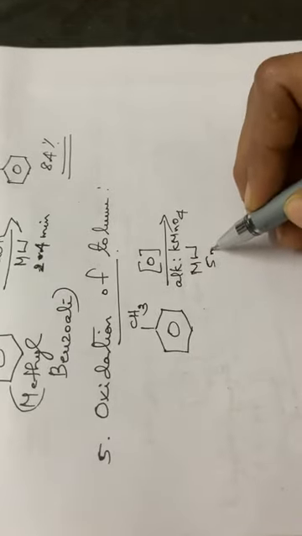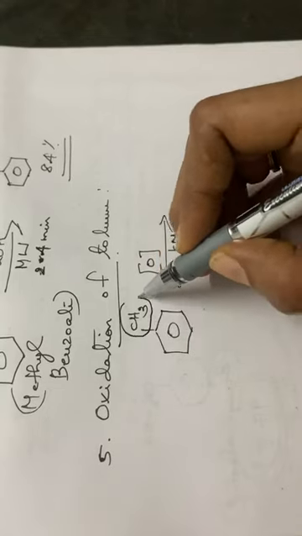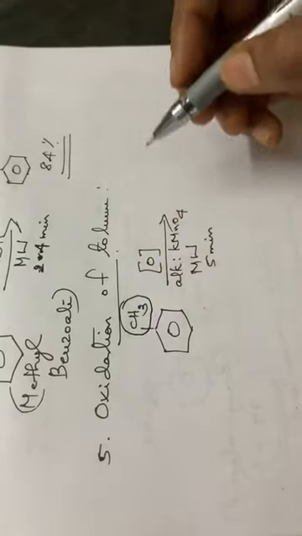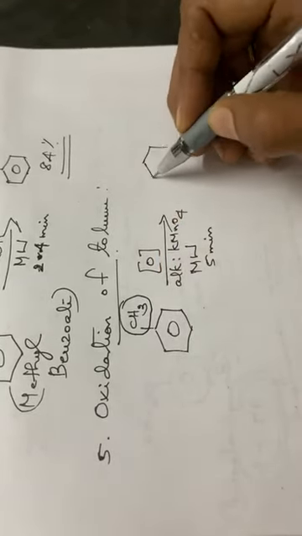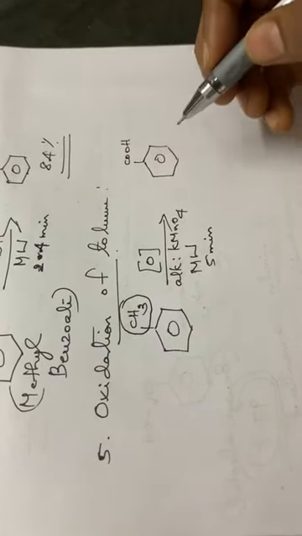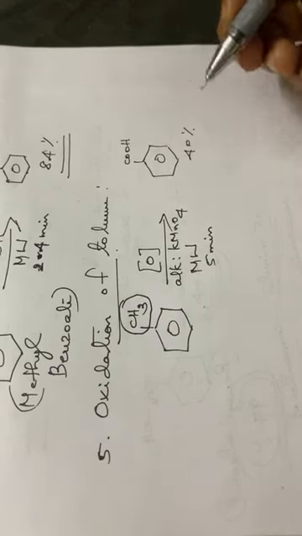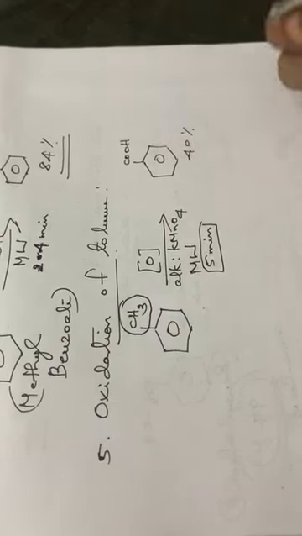It takes only 5 minutes, and any side chain will be oxidized to COOH. So here also the product will be C6H5COOH, benzoic acid, and the yield is about 40%. The reaction is carried out within 5 minutes.